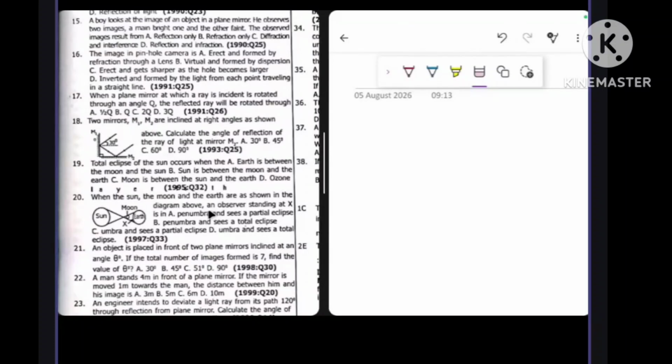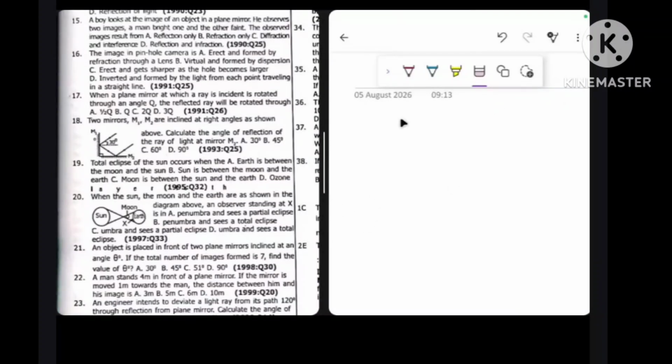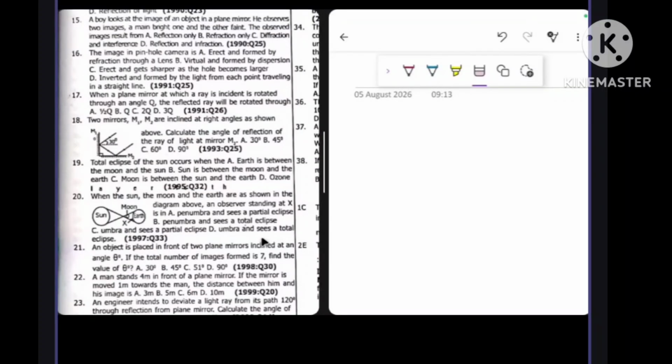So A says the penumbra and sees the partial eclipse. C says the umbra and sees the partial eclipse. Okay. So based on what we did yesterday, you say A. First of all, before I proceed, what does the umbra describe in an eclipse or a shadow, and what does the penumbra describe?